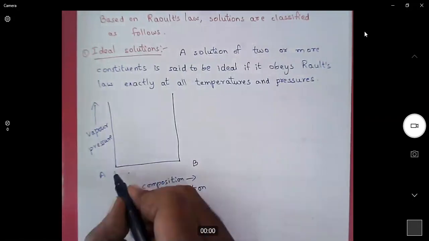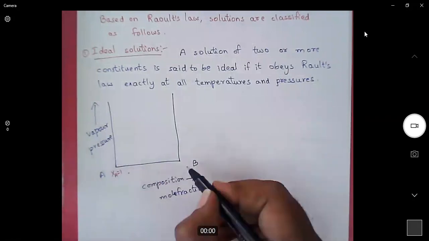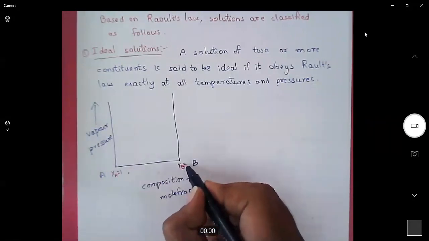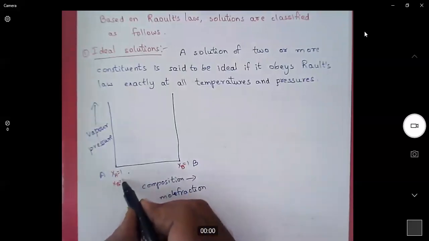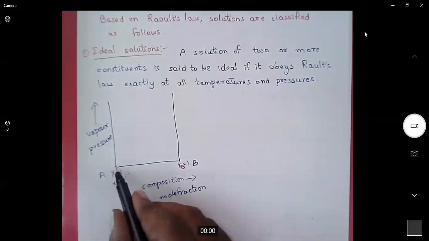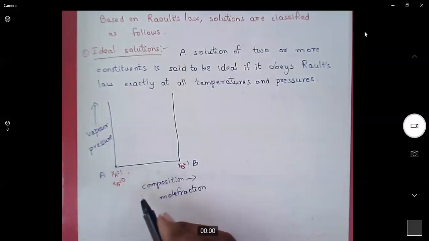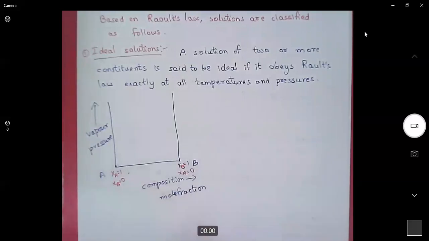If it is pure A, the mole fraction of A is equal to 1. If it is pure B, the mole fraction of B is equal to 1. Because XA plus XB is equal to 1, when XA is 1, XB is 0. That means here we do not have B. Similarly, here we do not have A.